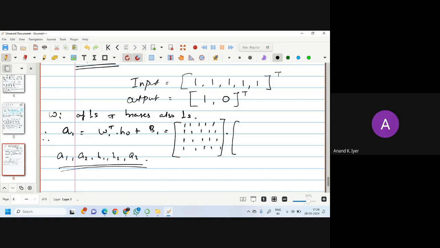And in some cases, they will not give you output, they will give you the true Y. For example, here instead of output, this is true Y. They will give you Y equal to this. So we can do this here.